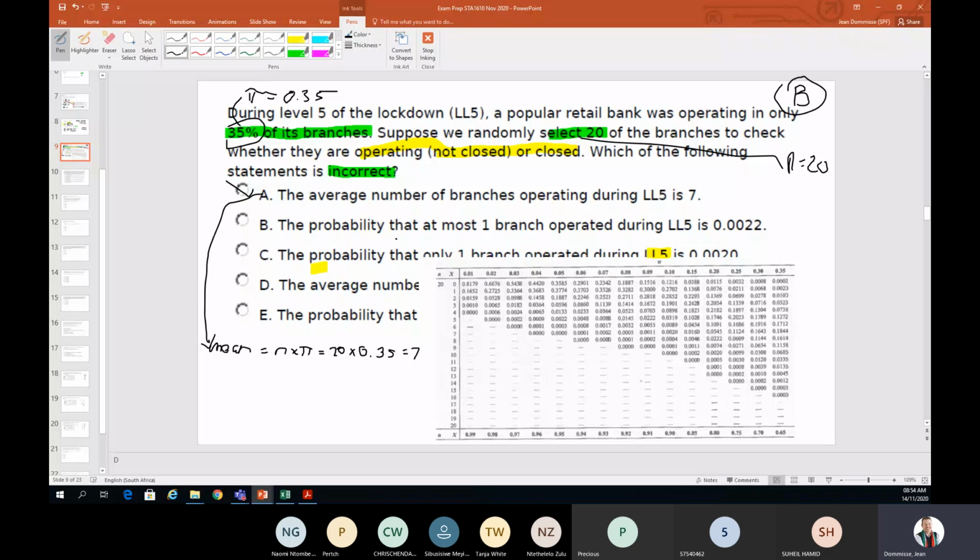The probability that at most one branch is operating during level 5 is 0.0022. So at most, what does at most mean?